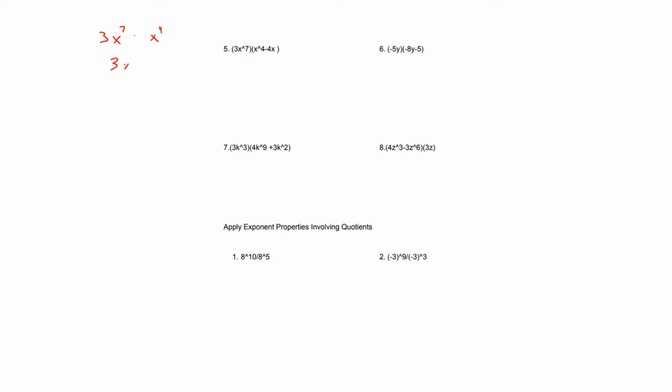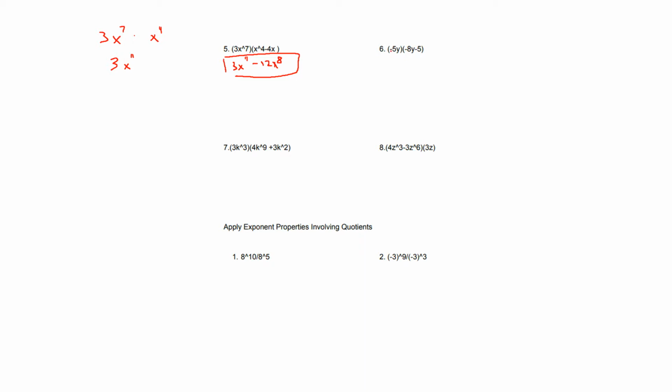So it would be 3 times x to the power of 7 plus 4, which is just 11. So here, this would just be 3x to the power of 11. And then if you multiply this with negative 4x, then it will become negative 12x to the power of 8.